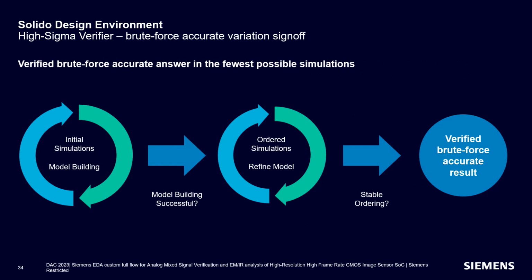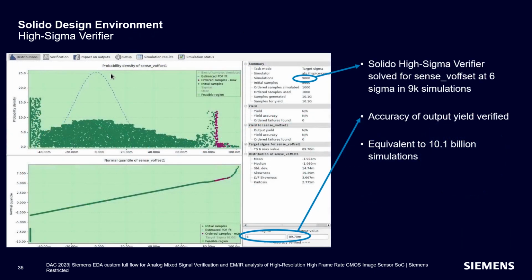Next, we will show a test case where Solido high sigma verifier helped us in ensuring high yield with a CIS chip containing 500,000 ADCs. As shown in the slide, we used Solido high sigma verifier to estimate a 6 sigma spread of a sense amplifier offset voltage.